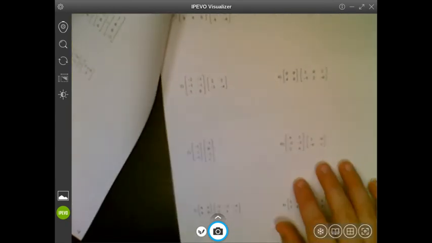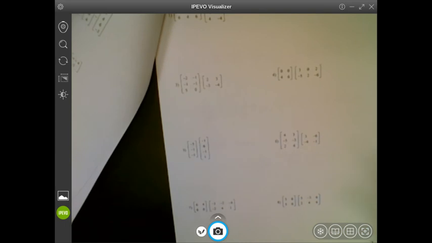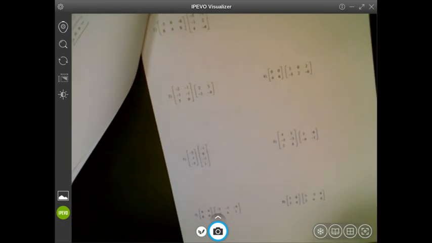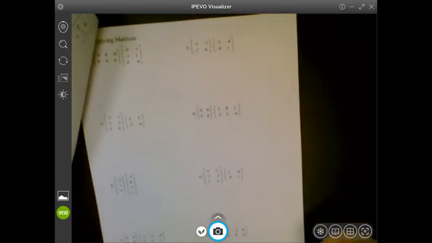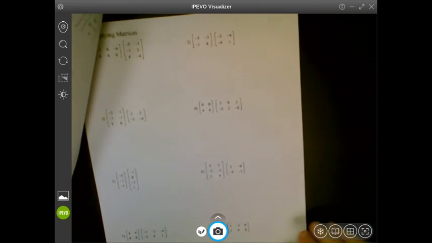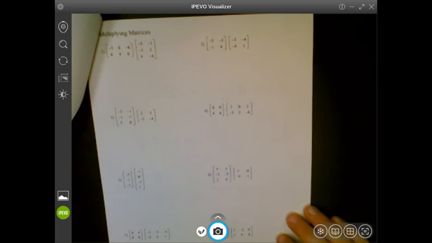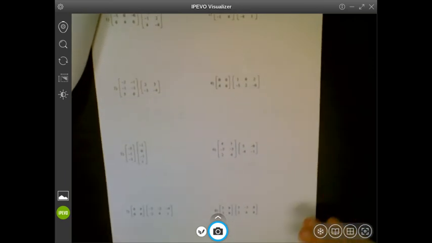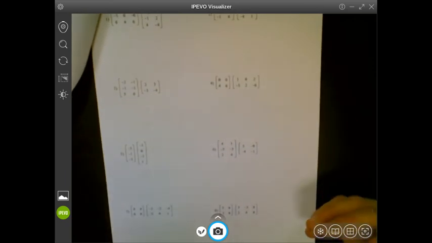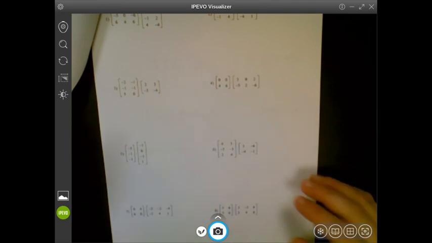So the multiplying will take you more time. However, remember, not all of these will have solutions. Some of them just can't be done. So always be on the lookout for identifying what can and cannot be done. Just because there are 16 multiplying questions doesn't mean that all 16 can be done, okay? So just be on the lookout for those as well.